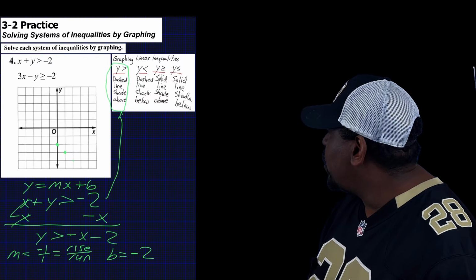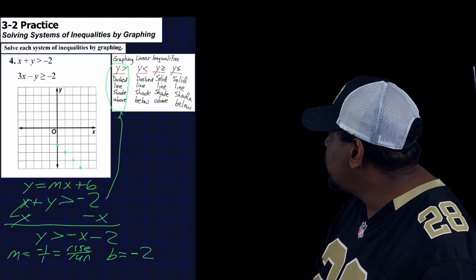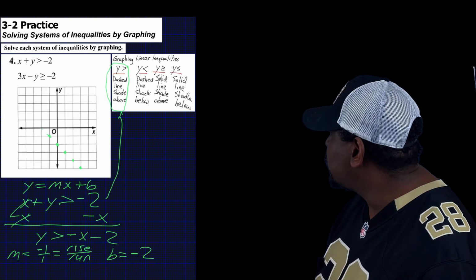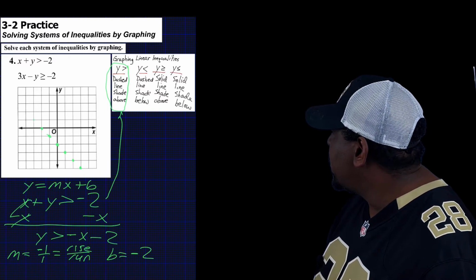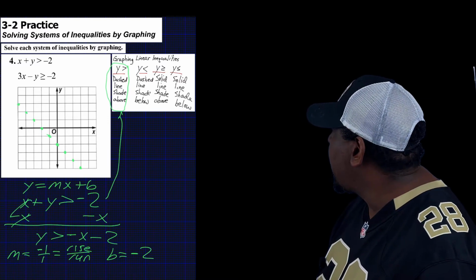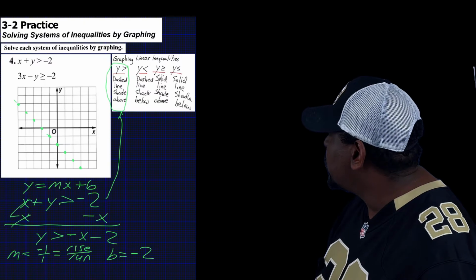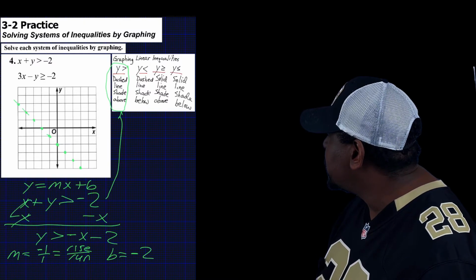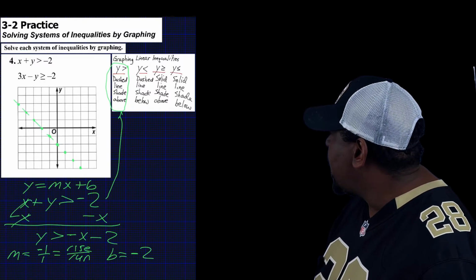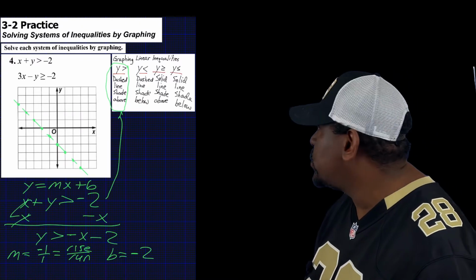We go down one space and to the right and put another point. We go down one space and to the right and create another point. And then create some points to the left of our y-axis. We go up and to the left. By the time we come up with a bunch of points, so we can be as accurate as possible, at that boundary line we create a dashed line because it doesn't include the equal sign.